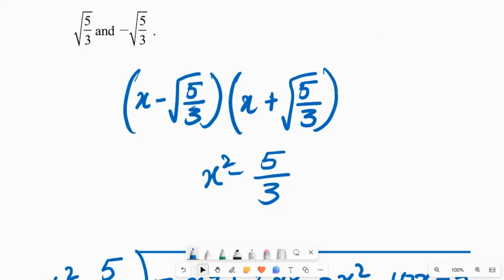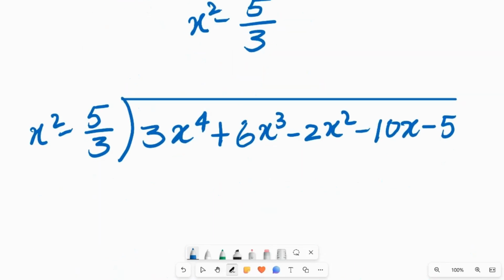So let's see. We have 3x power 4 plus 6x cube minus 2x square minus 10x minus 5. We need to divide with x square minus 5 by 3. So as I told you before, how do we divide? We have three steps. First, we need to see what term needs to be multiplied to the first term of g of x, that's the divisor, to get the first term of p of x.